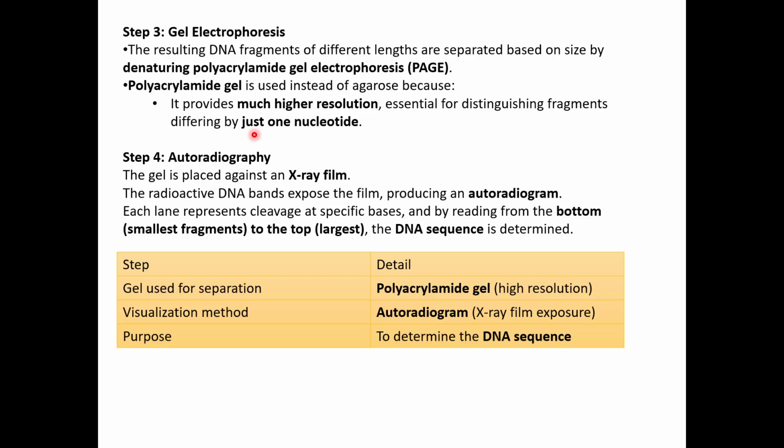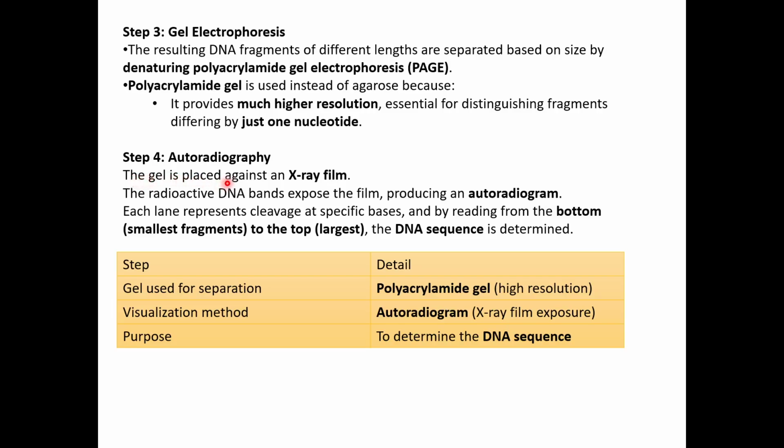Here, since we have to identify the difference in two sequences, even at one nucleotide change, they have used polyacrylamide, which gives a better resolution.